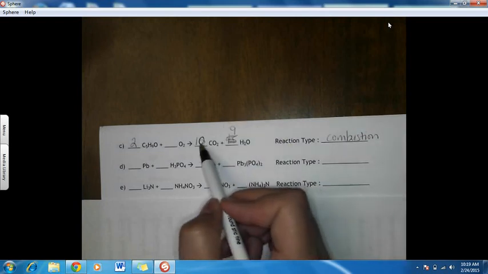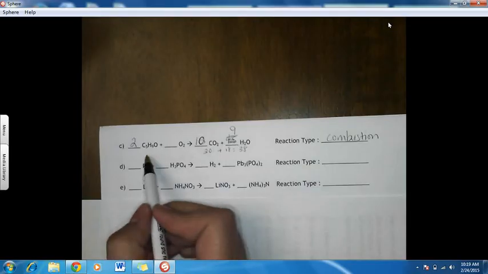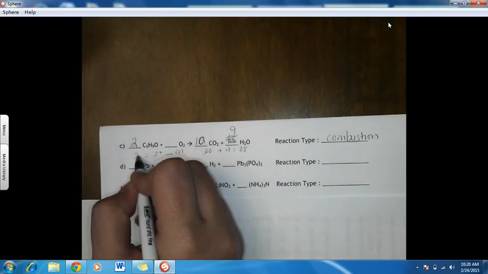So then when we add our number of oxygens on the right hand side, we have 10 times 2 is 20, plus 9 times 2 is 18, which gives us 38 oxygens. So we need 38 oxygens on the other side. Here we have 2, plus some number we're going to multiply by 2 here, and all that has to be equal to 38.